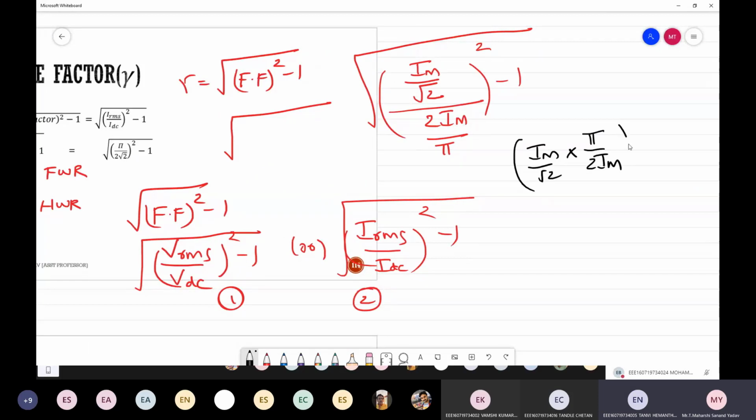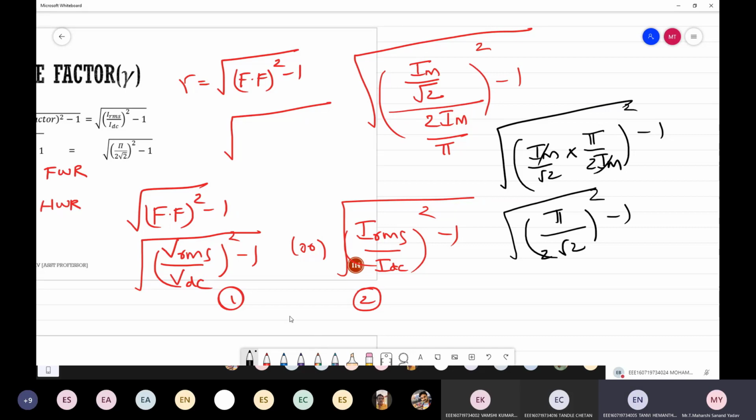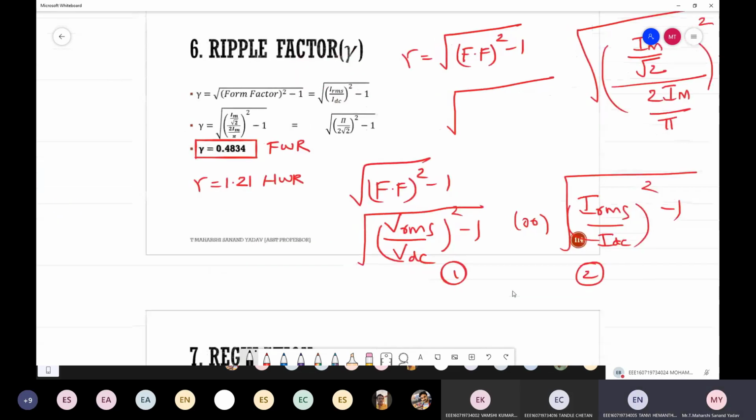See here, I'm solving it. Im and Im cancel. So this is pi by 2 into root 2 whole square minus 1. Once you solve this, I got 0.4834 approx.